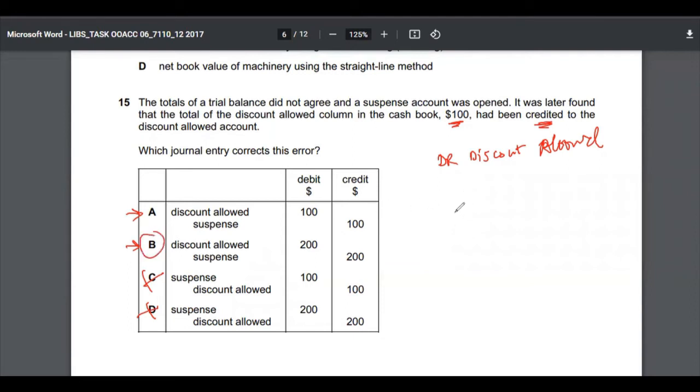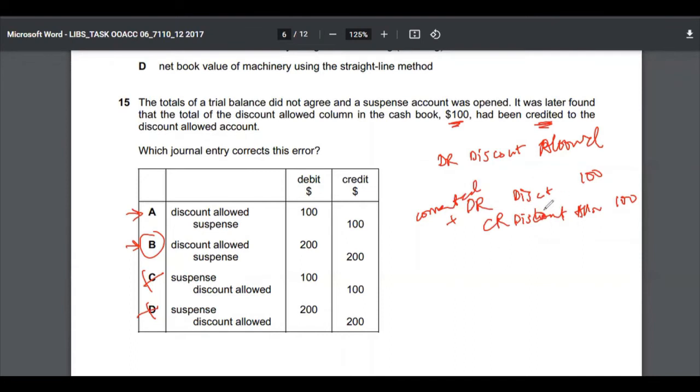You might be wondering why $200. The company has actually recorded discount allowed credit for $100. We need to correct this, so we will debit discount allowed by 100. This has corrected the error, but still the discount allowed is not recorded.